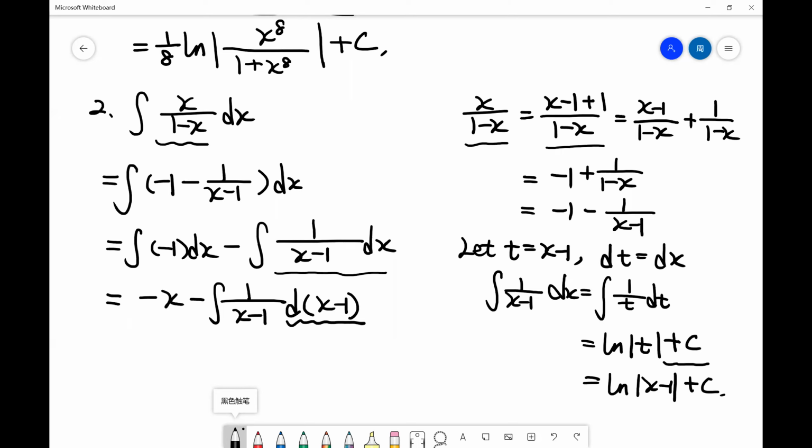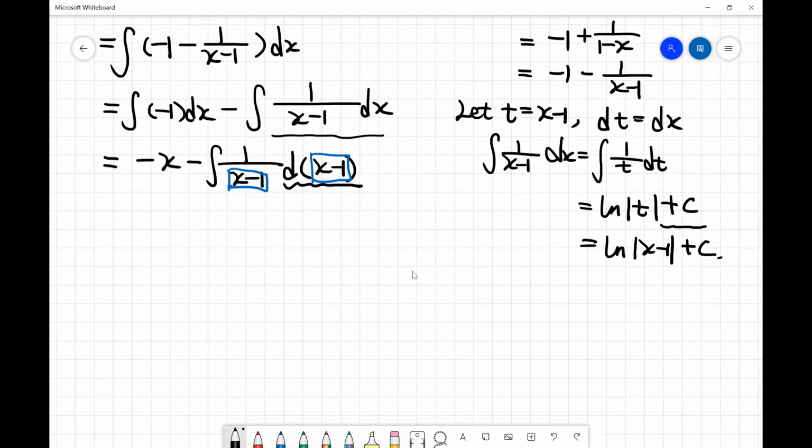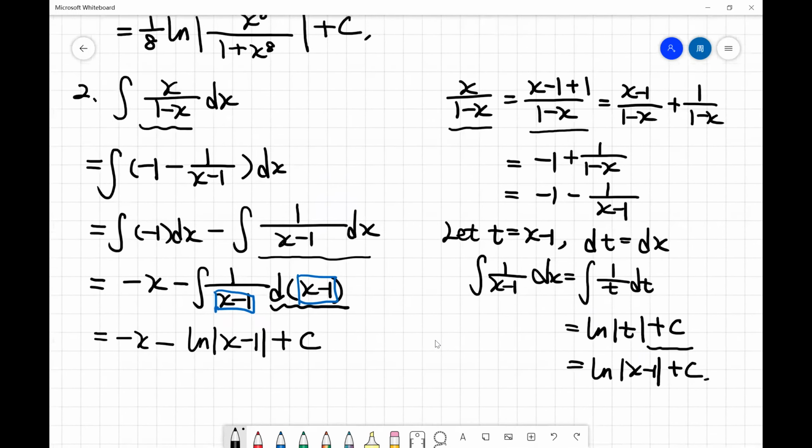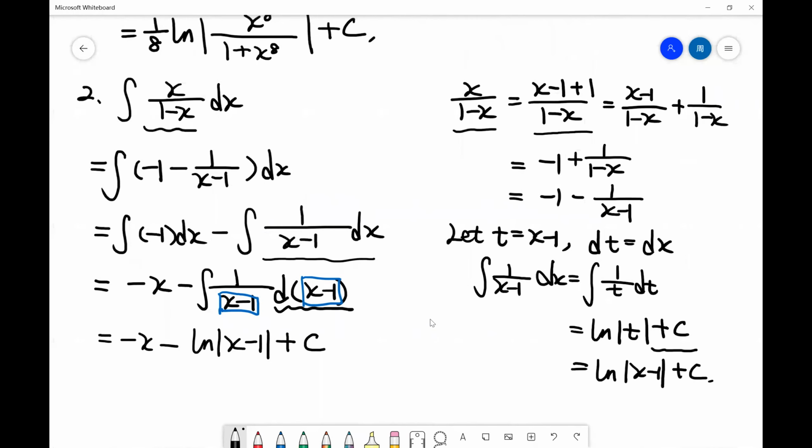So here, these two parts are the same, x minus 1, x minus 1, right? So we can use the formula directly. That is minus x minus ln absolute value of x minus 1. And then the last part, that is plus c here. So here is the second question.